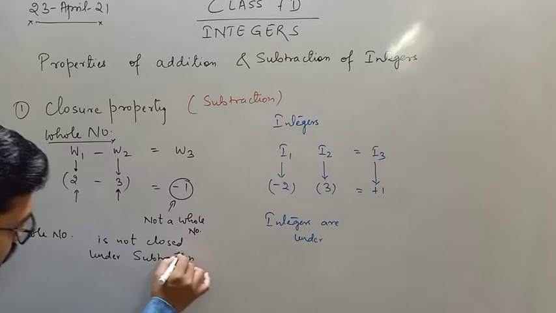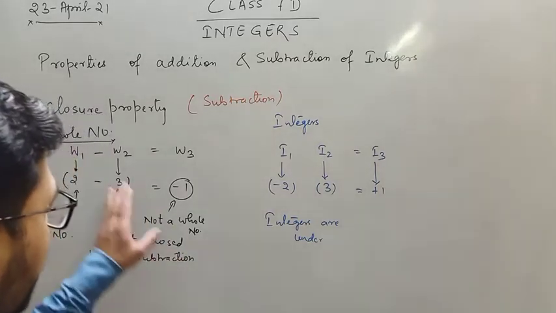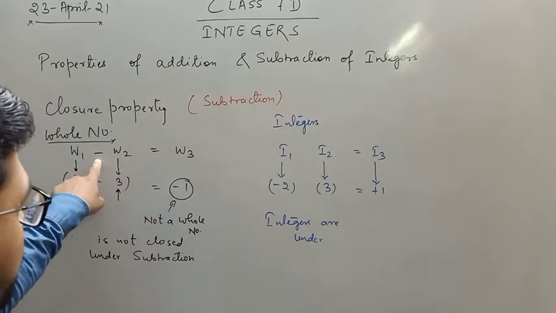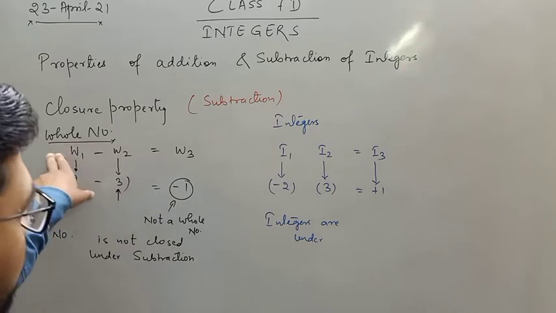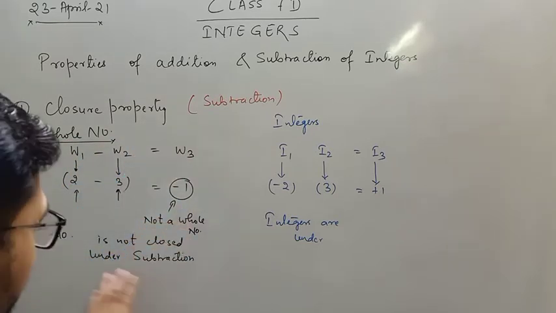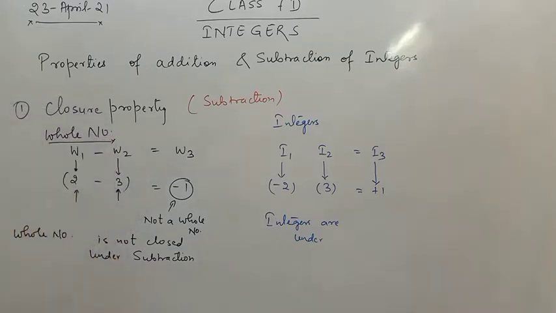Any doubt in this? So in the earlier example what you have seen is, if you add two whole numbers you get a whole number, but in this case when you subtract one whole number from another, you get an integer here, not a whole number. That's why you are saying that whole number is not closed under subtraction. Any doubt in this?